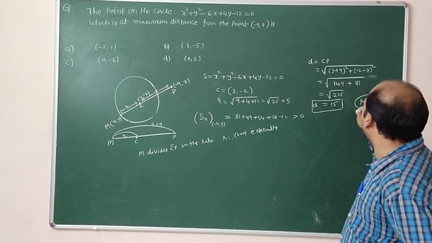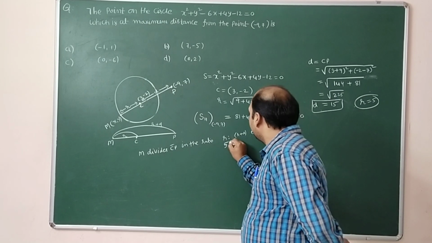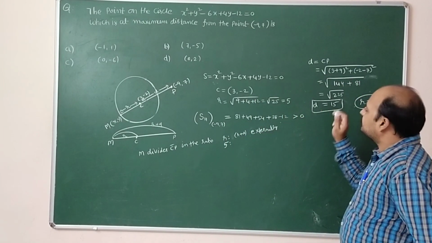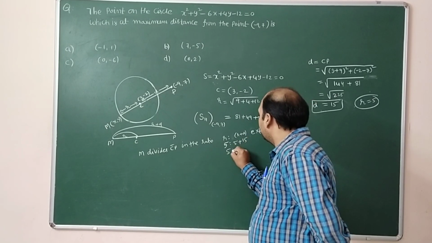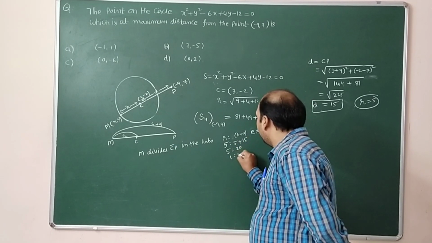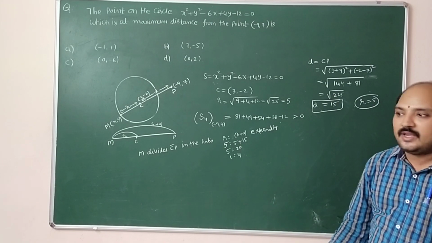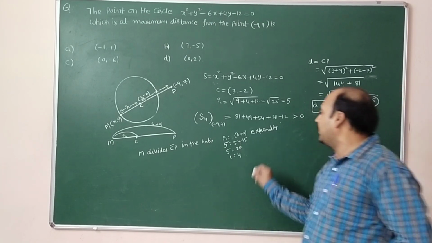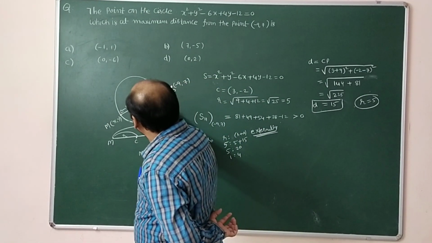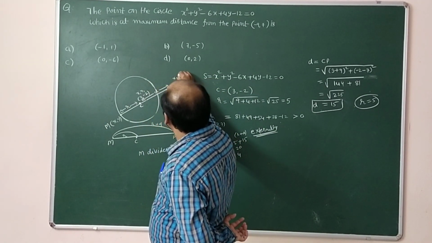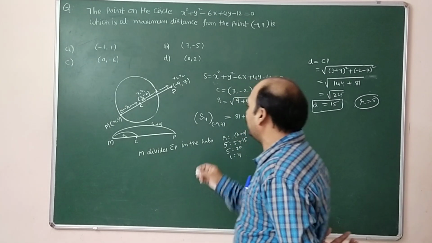What is R? R value is 5. Is to R plus D. So 5 plus 15. So 5 is to 20. So 1 is to 4. So 1 is to 4 you have to apply, and external division you have to do that. Externally division. So this is x1 y1, x2 y2, external division you have to do that.